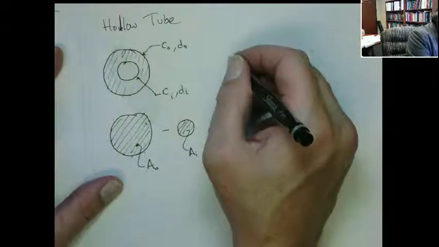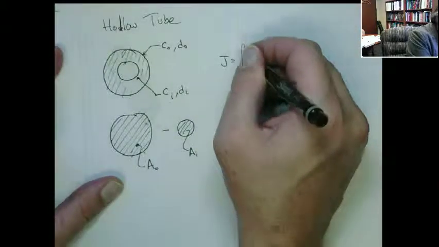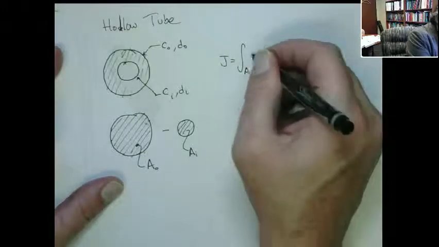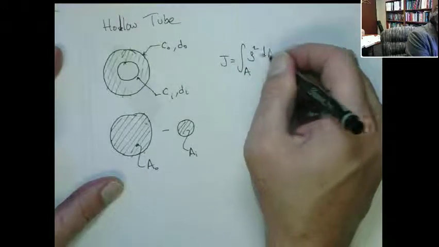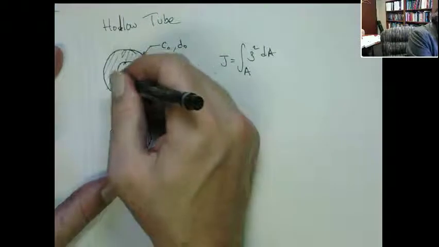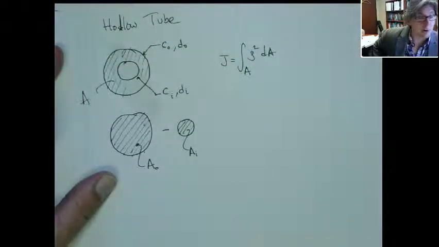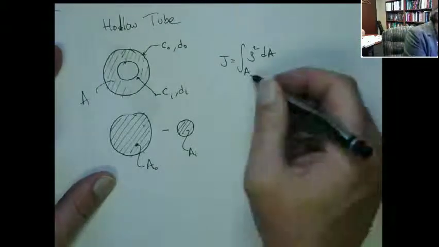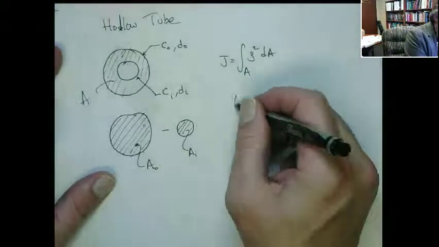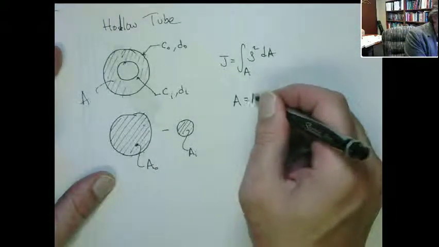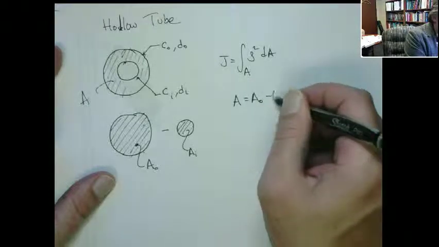So if we have to get J, that's just the integral over the area of rho squared dA, where this is my differential area dA. That's what I really want to do. The area I can write as the outer area minus the inner area, right?